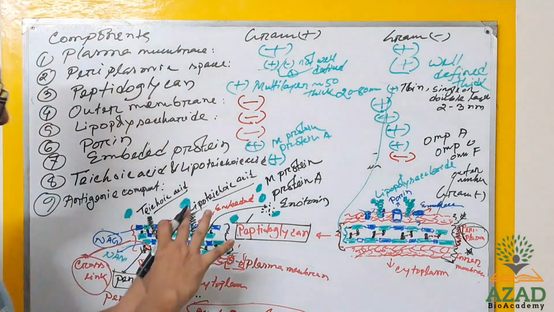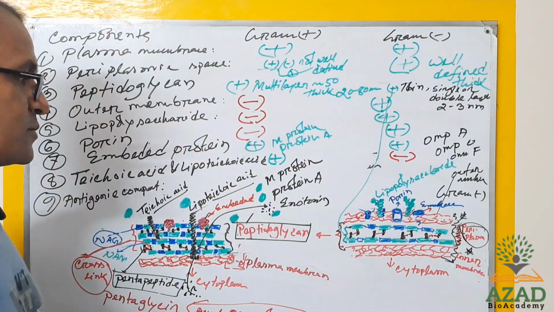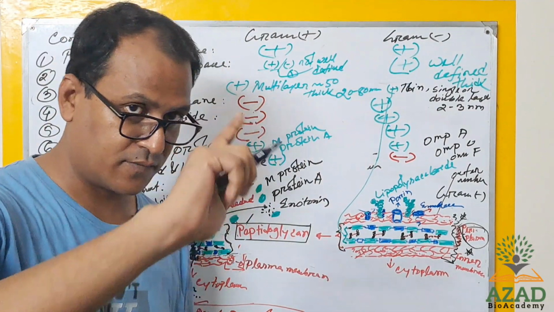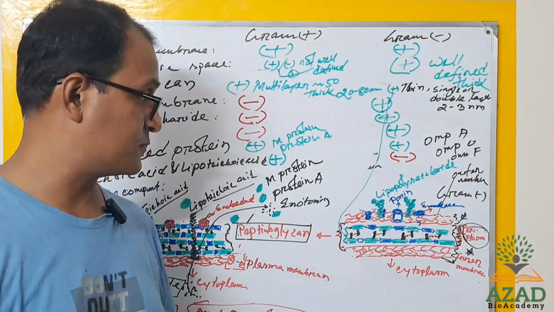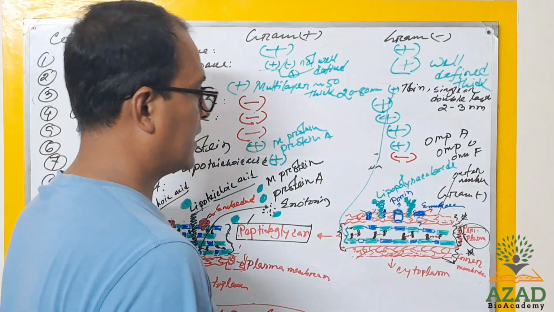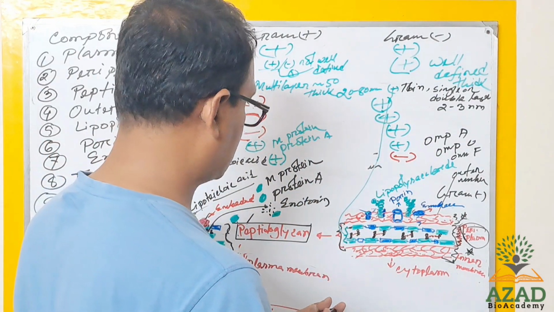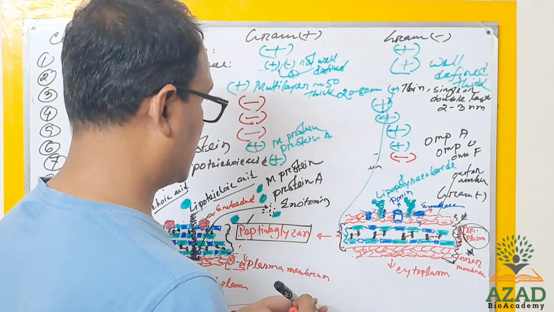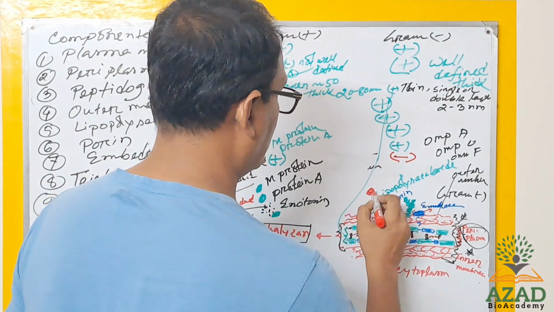That can trigger the production of antibody from your immune cell, basically the B cell, that is the plasma cell. Okay, now come to the gram-negative bacteria. The antigenic substances I will mark in red color. This is lipopolysaccharide.